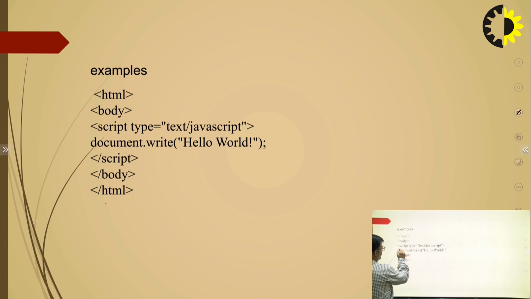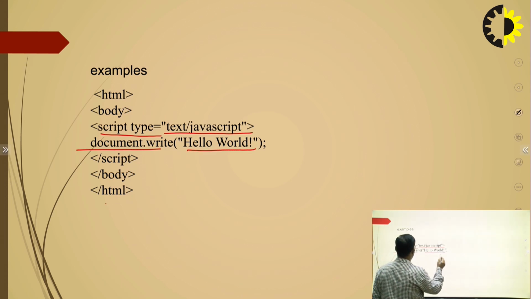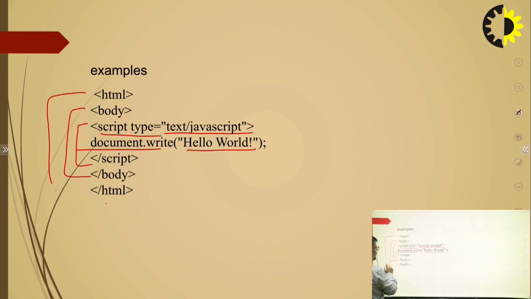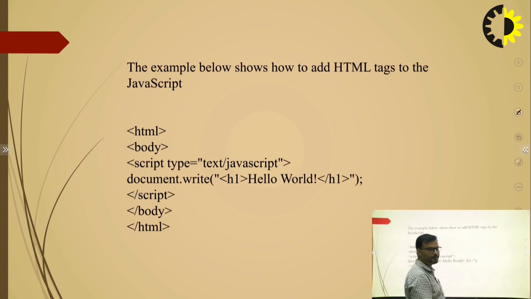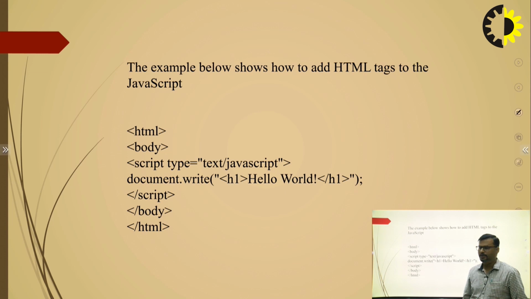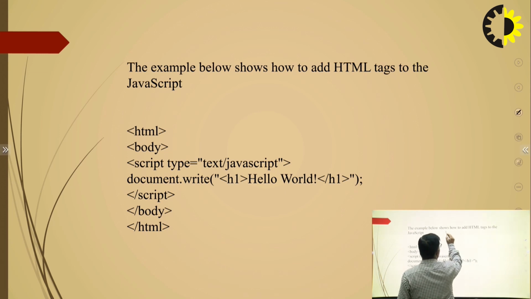The script type is text/javascript, document.write hello world, then close the script, close the body and close the HTML. The example shows how to add an HTML tag in JavaScript.